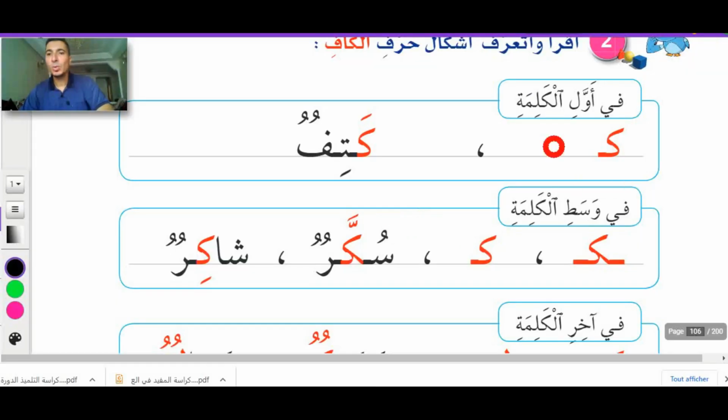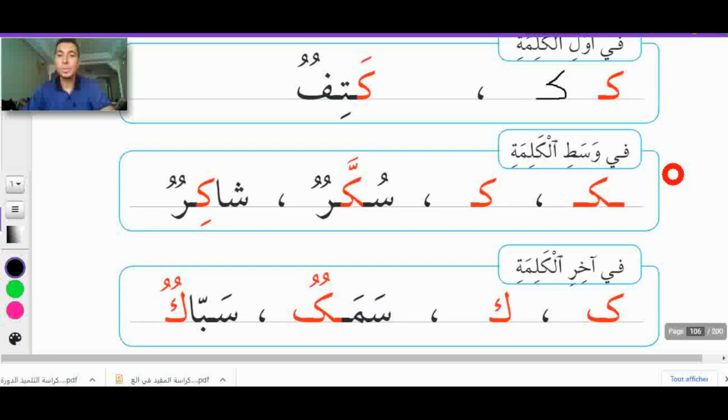So for now, let's write this letter, al-kaf, harful kaf. Yes, so we write it like this. If it is in the beginning of the word, like this, in the middle, like this, and in the end, it can have one of these two shapes.